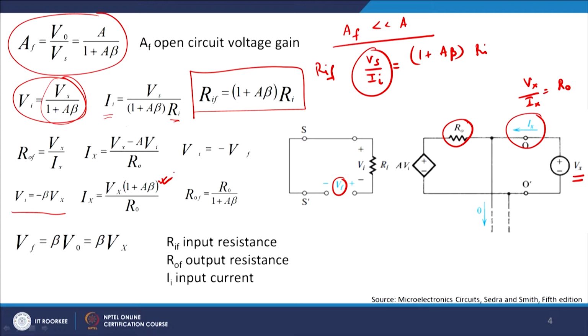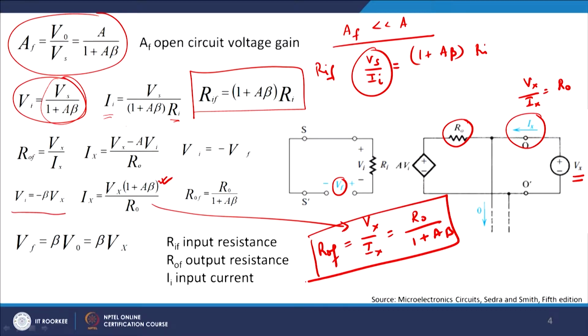And therefore, from this equation, what I can get is that Vx by Ix will be equal to Ro upon 1 plus A beta, and this is nothing but ROF. So, ROF is equal to Ro upon 1 plus A beta, which means the output impedance with feedback falls by a factor of 1 plus A beta, but my input impedance rises by a factor of 1 plus A beta.